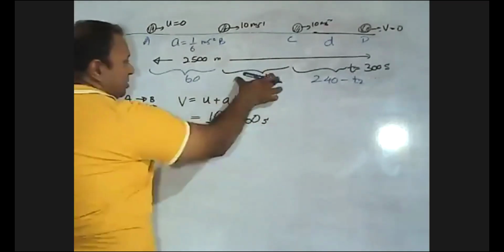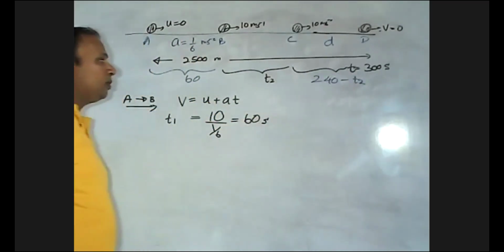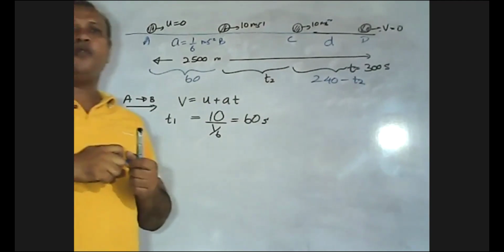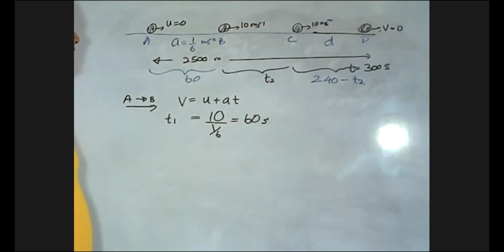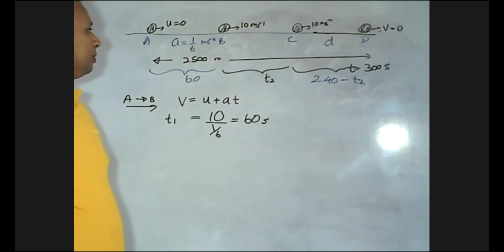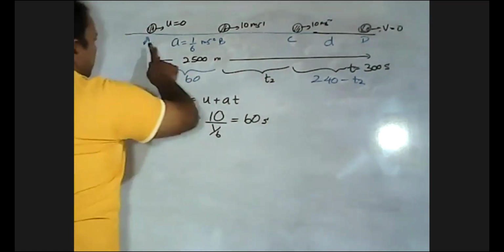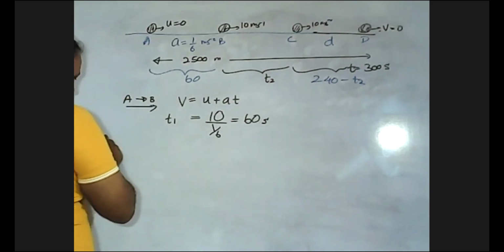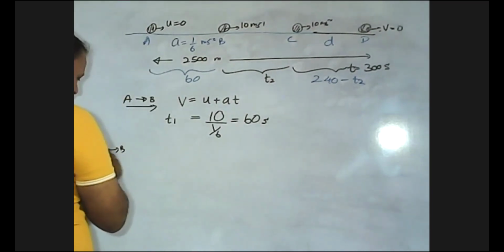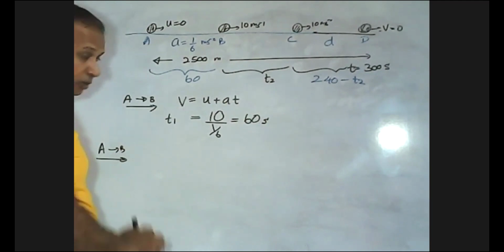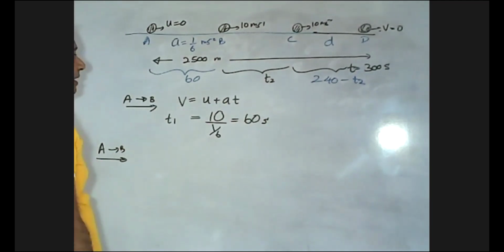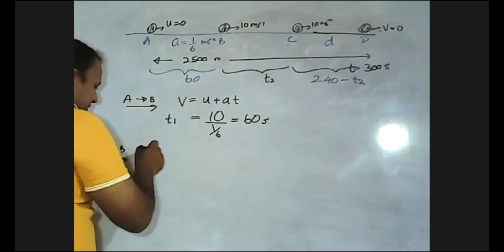So if I take this one as T2, this one is 240 minus T2. Then I can find T2 by using this one. From A to B, in this direction, I can write an equation to find S. Suppose that one is S1.